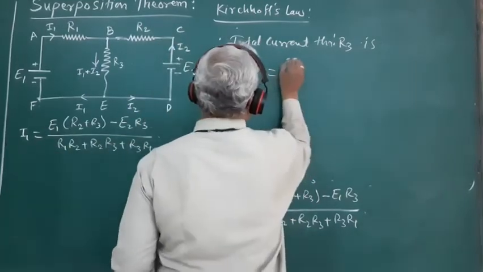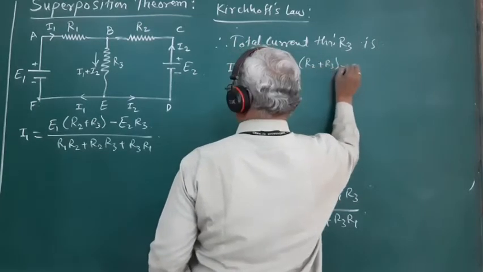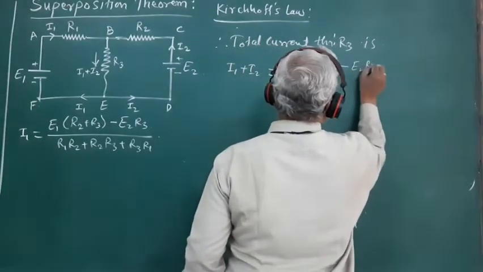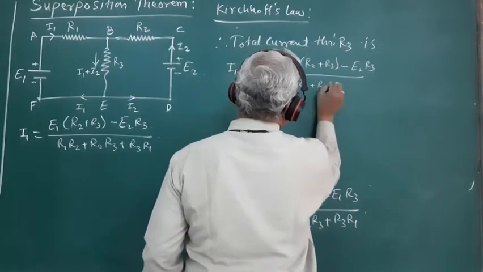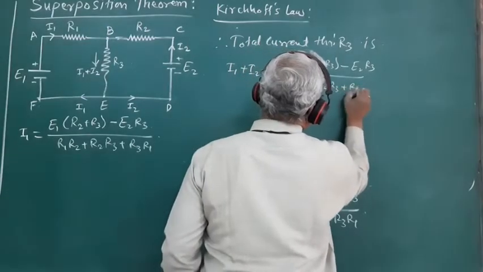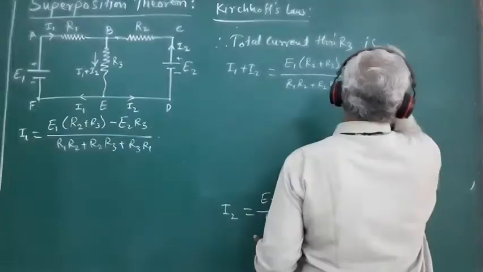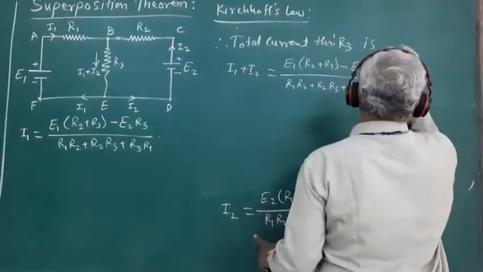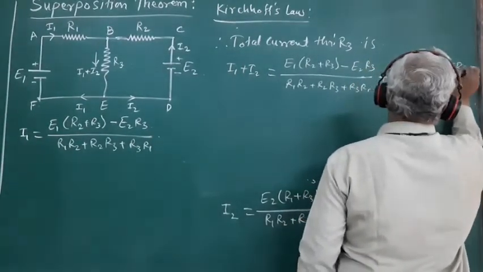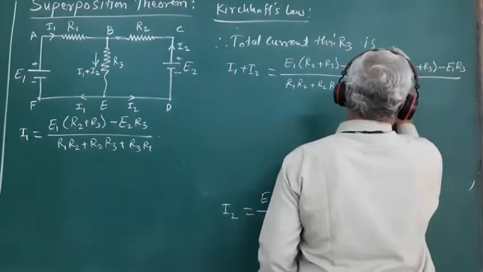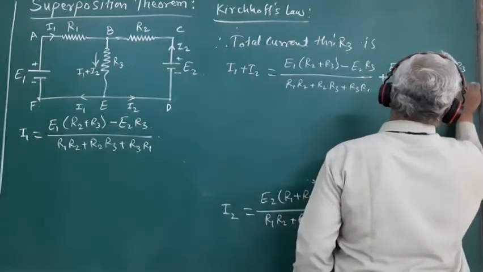So I1 is E1 into bracket R2 plus R3 minus E2 R3 divided by R1 R2 plus R2 R3 plus R3 R1, plus I2 is E2 into bracket R1 plus R3 minus E1 R3 divided by R1 R2 plus R2 R3 plus R3 R1.